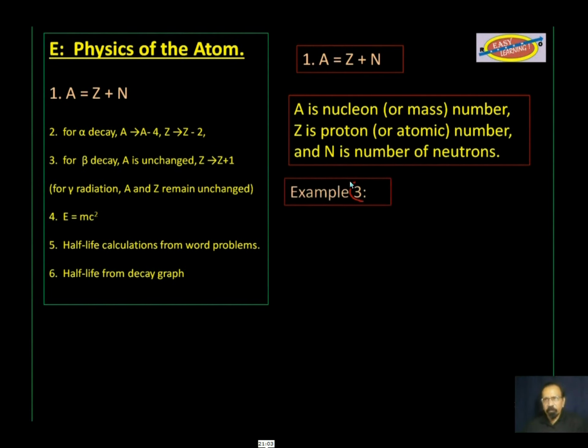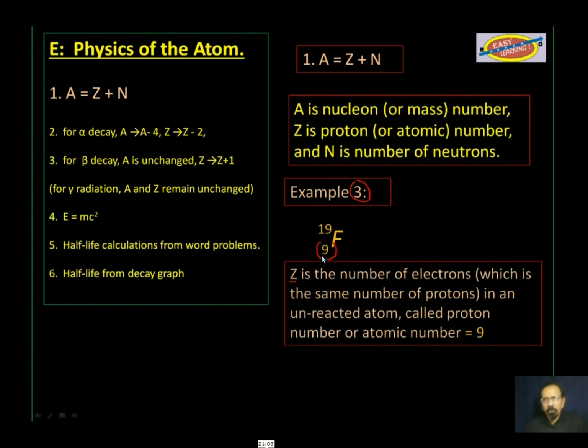Example 3, fluorine, 19 and 9. By now, you know that this Z is the number of protons in the nucleus as well as the number of electrons around the unreacted atom.